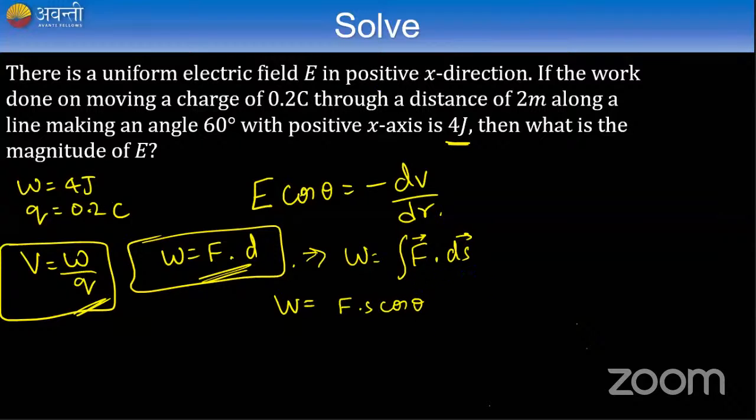So from here, what is my E? F is Q into E, Q times E cos theta into S cos theta, right? From here, I'll get E is equal to W by Q into S cos theta.